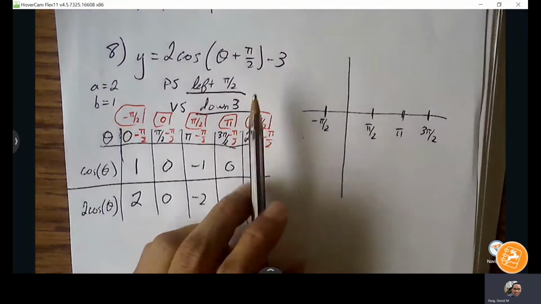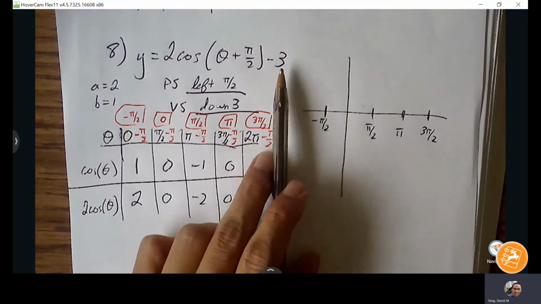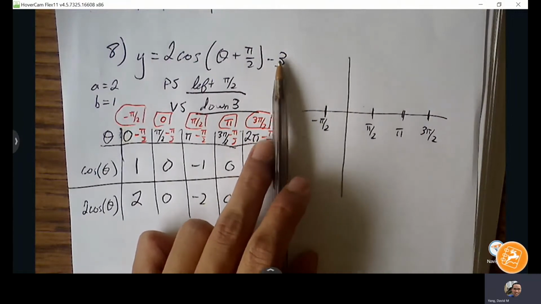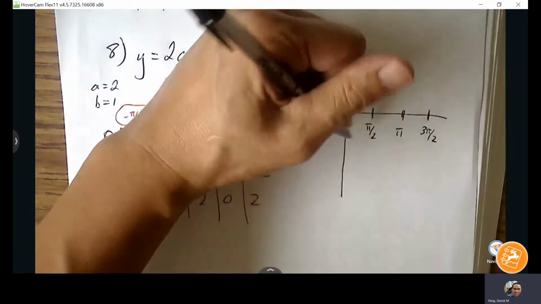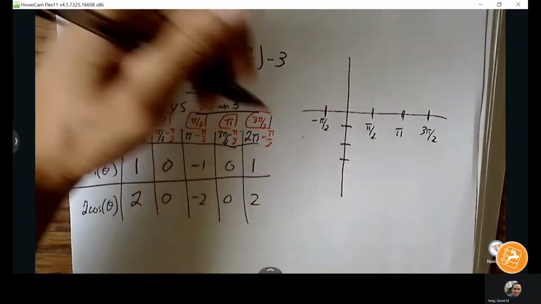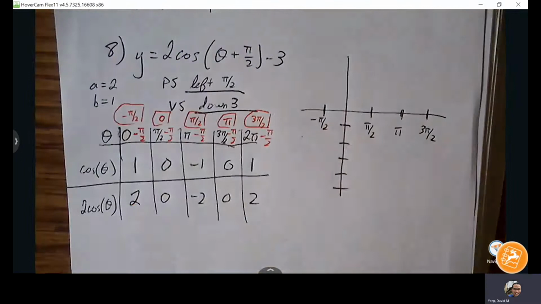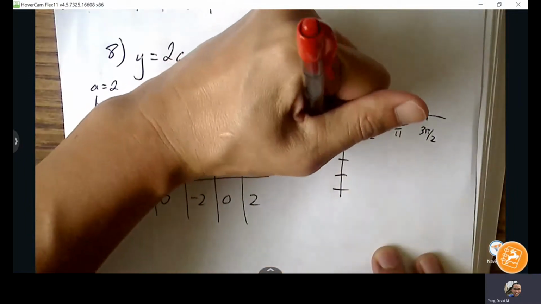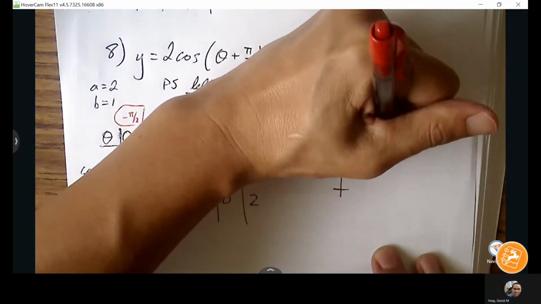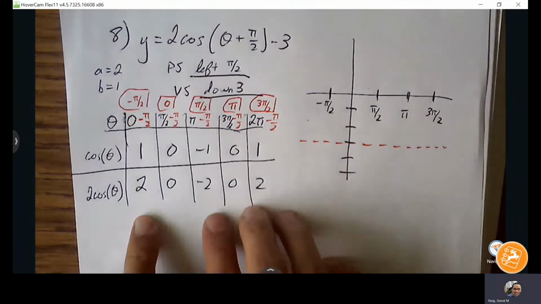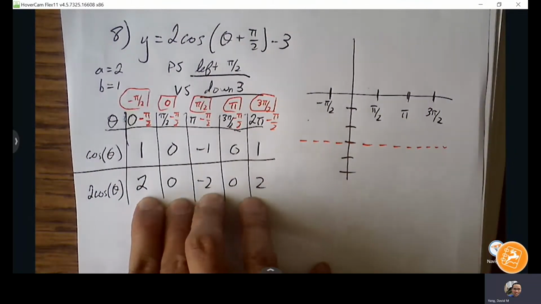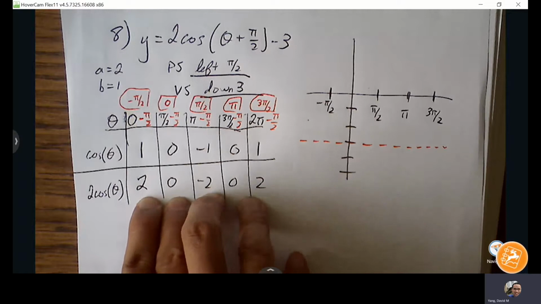Now we look at that minus 3. We know that's going to shift our graph down 3 units. That's also going to be the new center of our graph. So I'm going to put a dotted line at -3. This is going to be our new 0, which means we're going to have to rethink what these values mean. These values are not the y values.